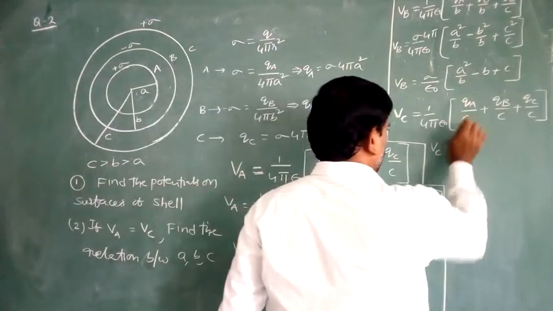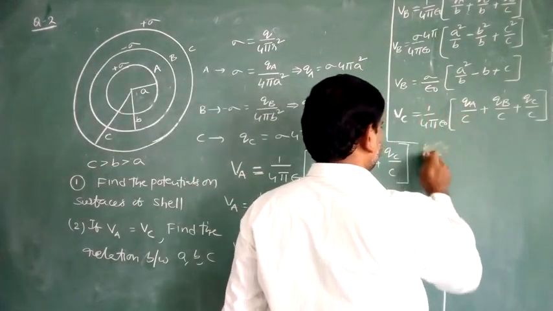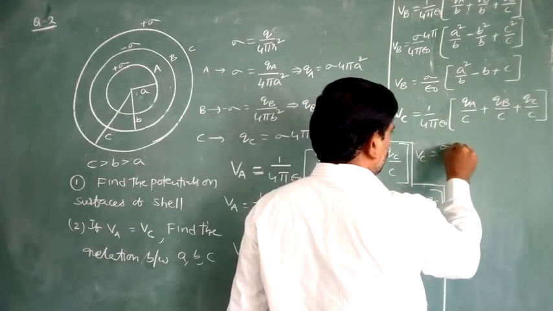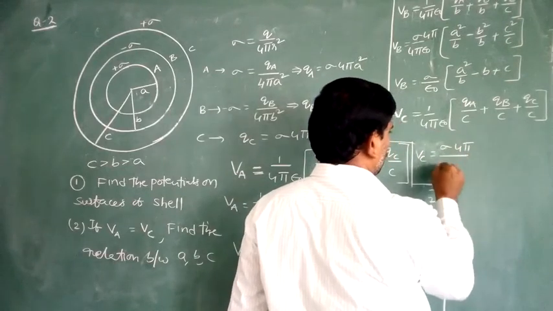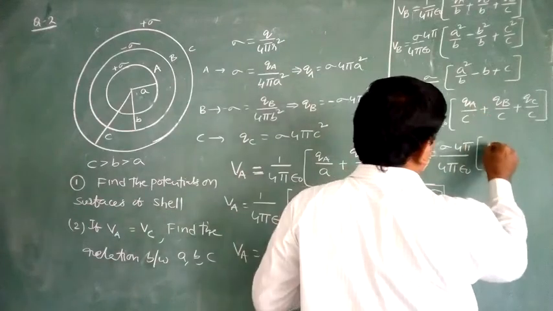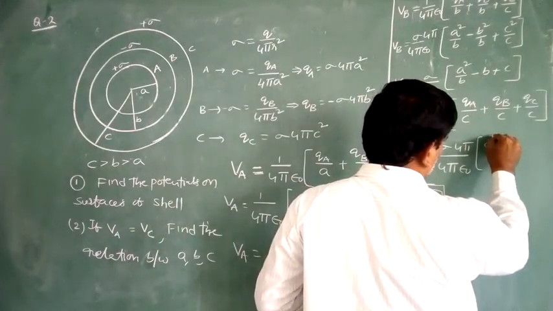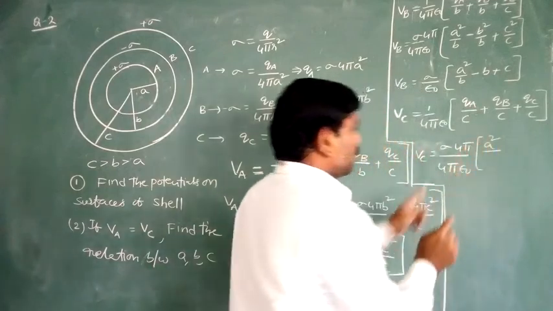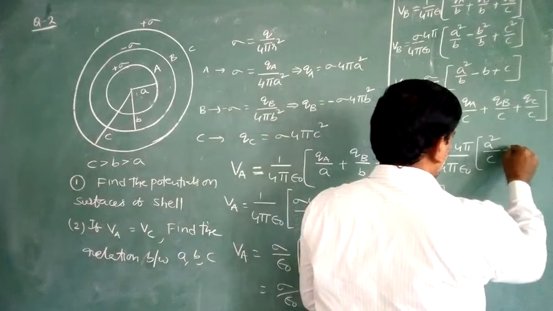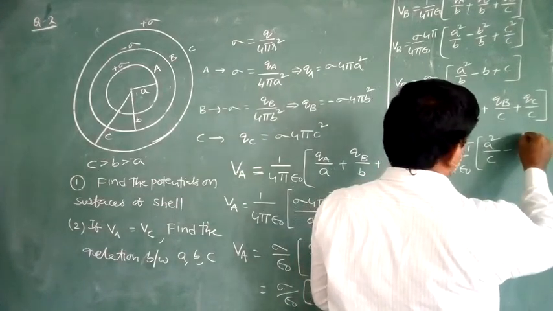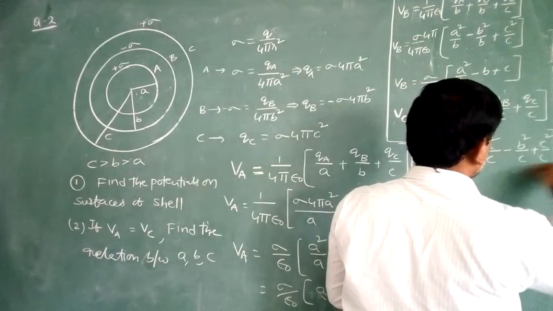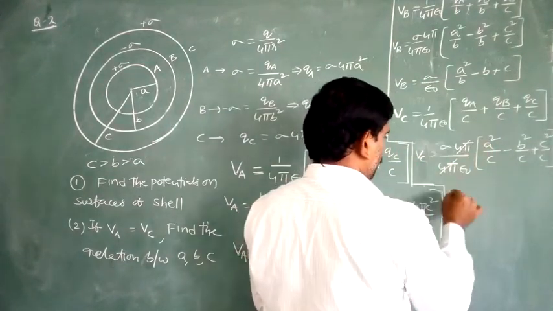So that's why here Vc is equal to sigma into 4 pi by 4 pi epsilon naught into... QA means sigma 4 pi into A square. So A square by C minus B square by C plus C square by C. 4 pi cancels.